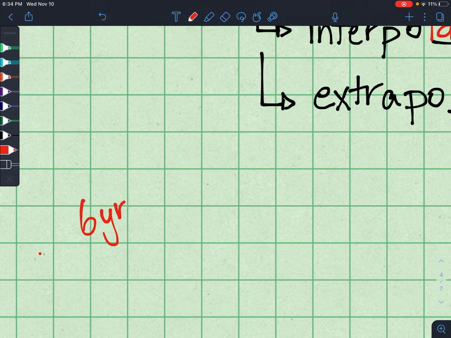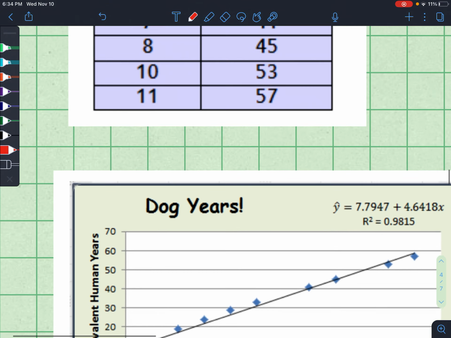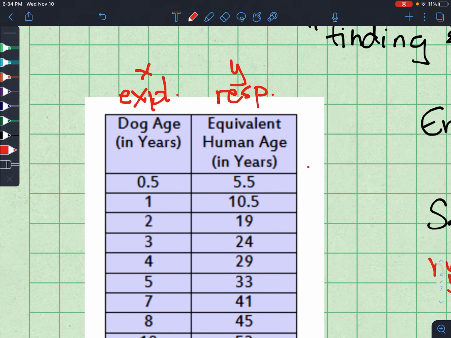So if I have a 6-year-old dog, which I do right behind me, actually on the bed, being very quiet and good, I'm going to replace the x value with 6. Why the x value? Well, because if you look back at the equation, remember how we set it up initially? We said dog age was x.